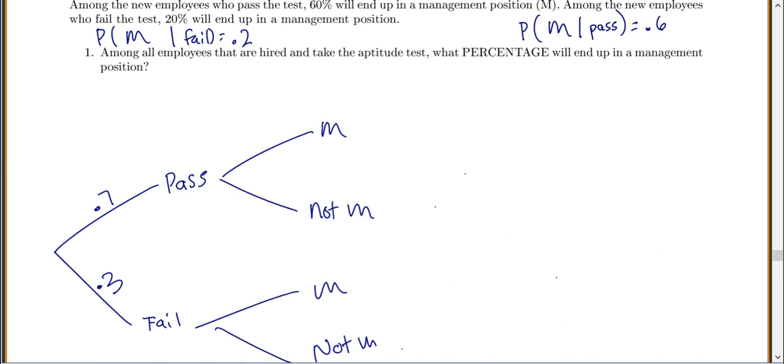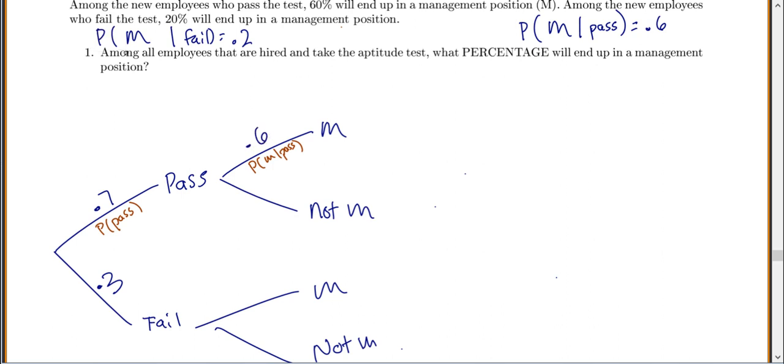So let's see what some of these probabilities would be. This 0.7 was the probability of our pass, and we found that up above. Then this is the probability that if you know you pass, what's the probability that you're in management? We found that was 0.6.